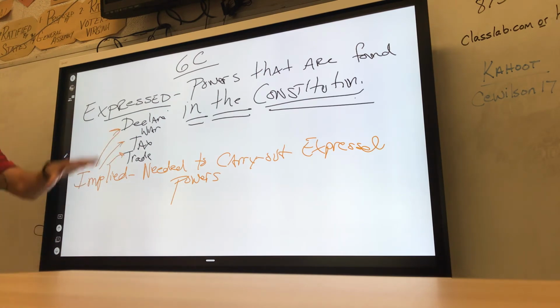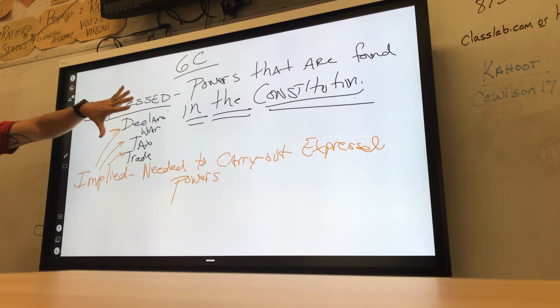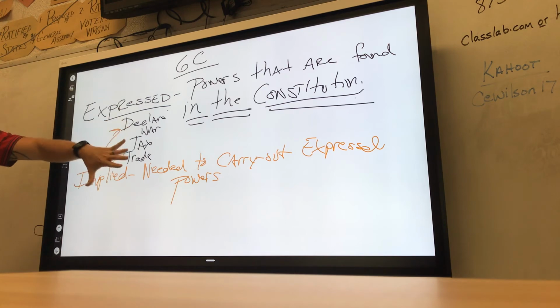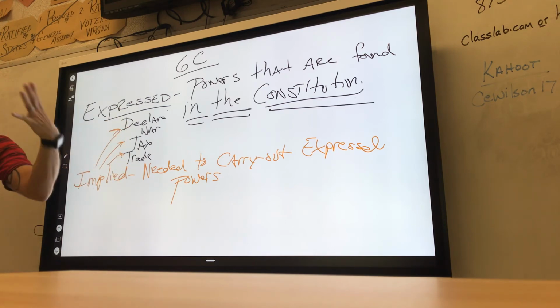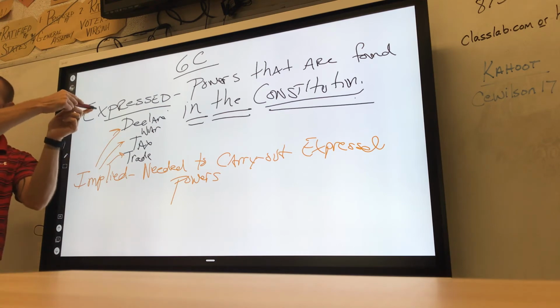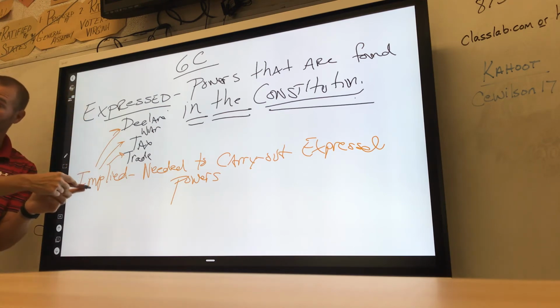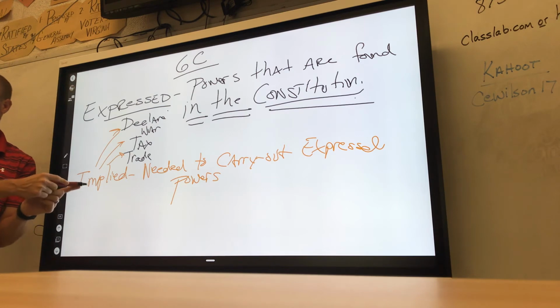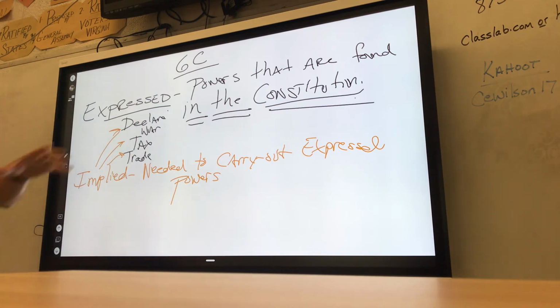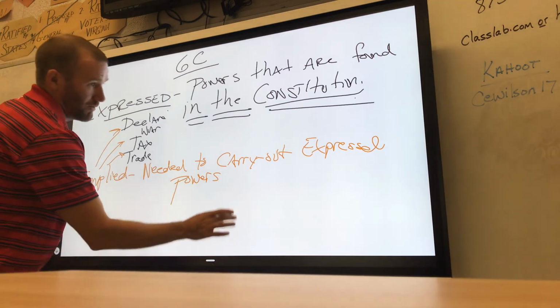One of the express powers is that Congress can create an army. Well, an implied power would be that Congress can also spend money on weapons and develop weapons. Weapons are not in the Constitution, but it is implied that if you're going to have an army, they need weapons. So you've got to know expressed and implied powers.